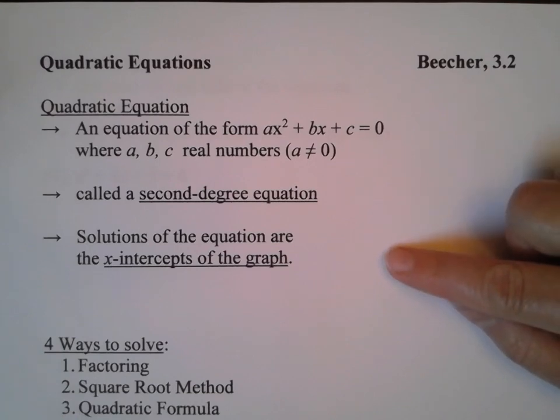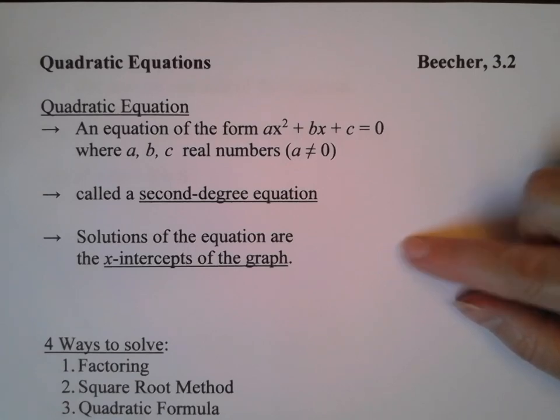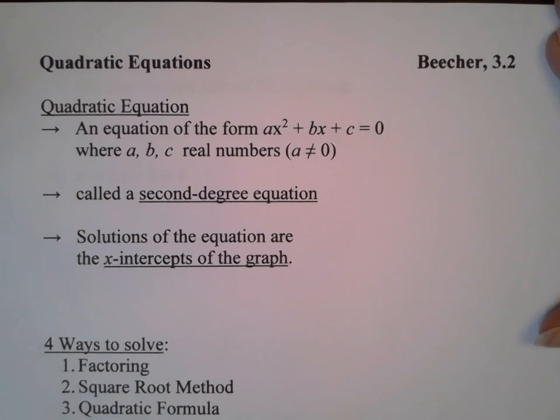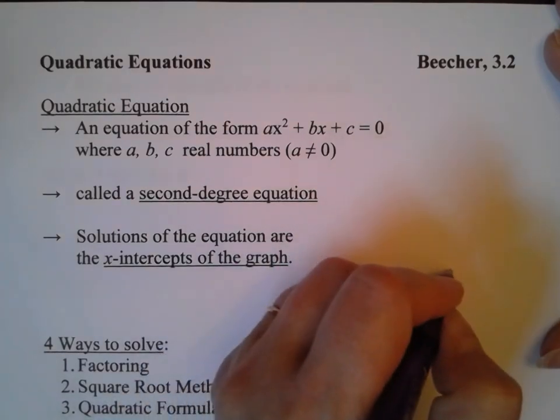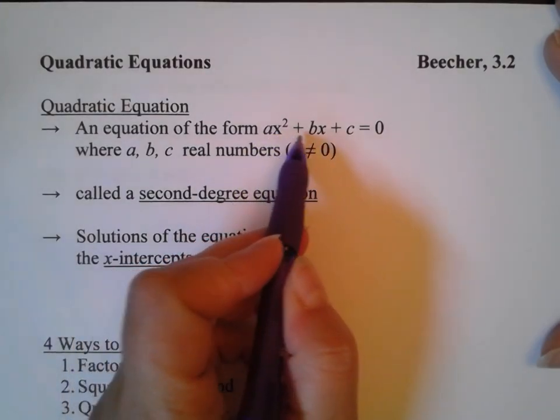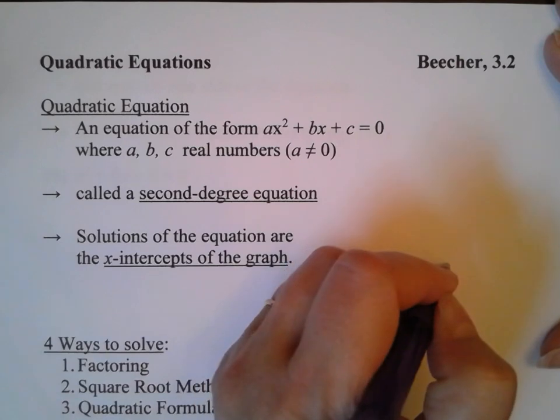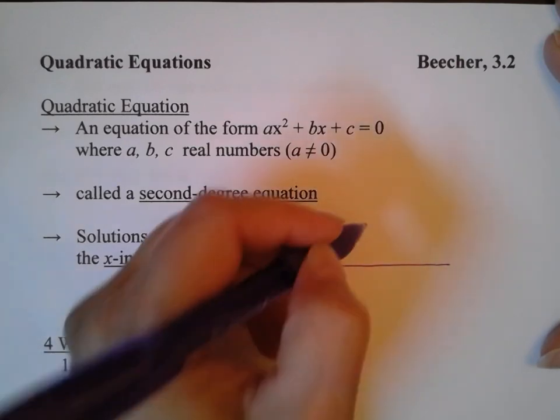And when we solve this equation, the solutions are the x-intercepts of the graph. We've spent a lot of time looking at the graphs of functions of this type. So just to connect the function with the equation, if I were to graph y equals the left-hand side here, I'd get my parabola.